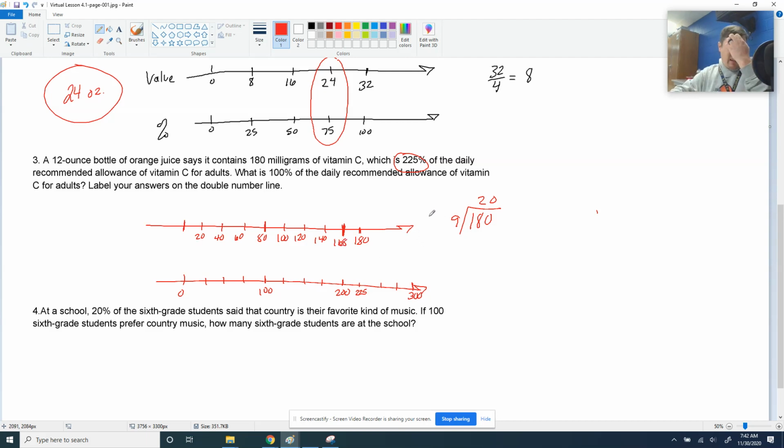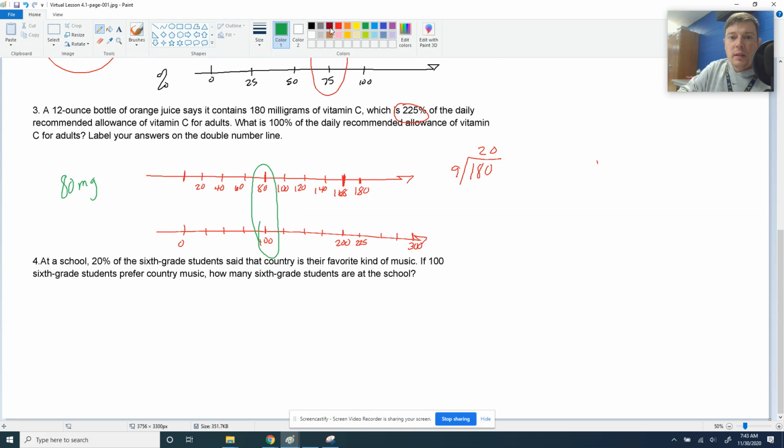The question was asking, if this 180 is 225% of your daily recommendation, then what's your 100% daily recommendation of vitamin C? All you have to do is look at the 100%, which lines up with 80 milligrams. So that would be 100% of your daily recommended value.